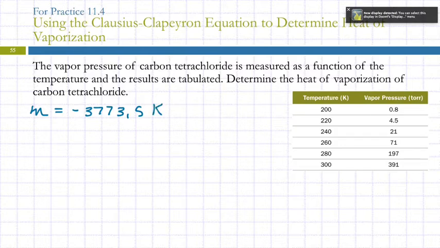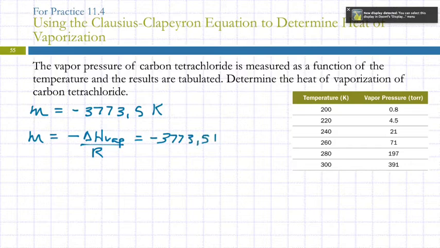If you want to know why that is, I could show you that later. So the slope is equal to negative delta H vap over R. And so that is equal to that numerical value that we just found. Any questions so far?